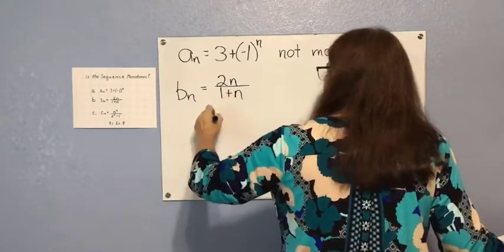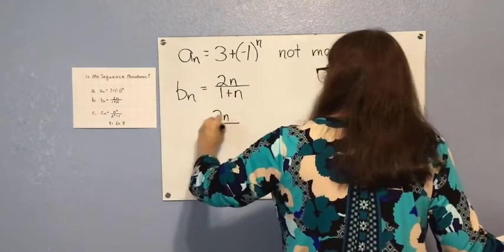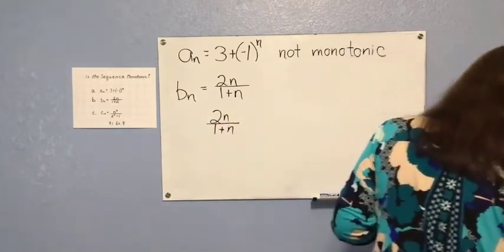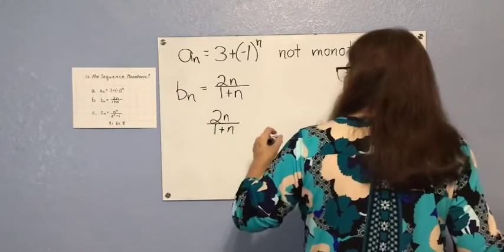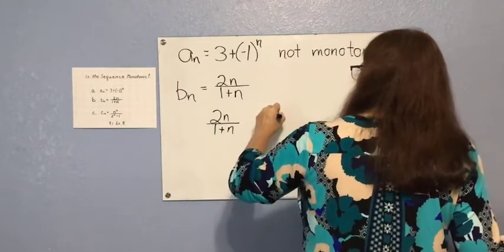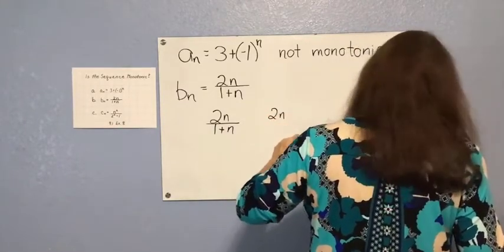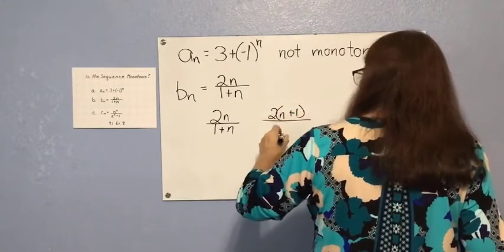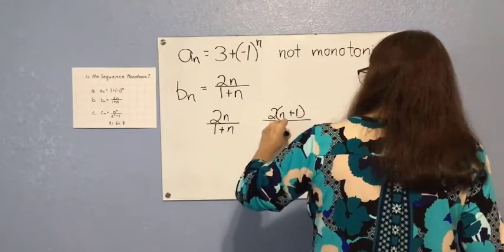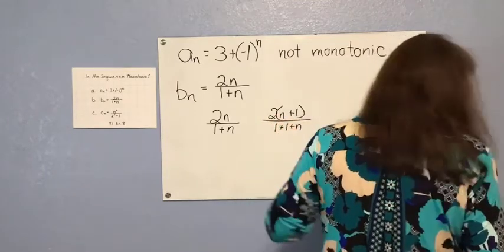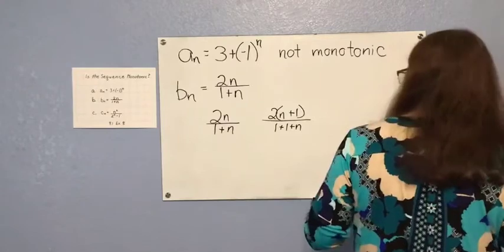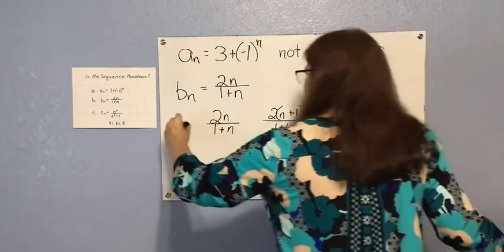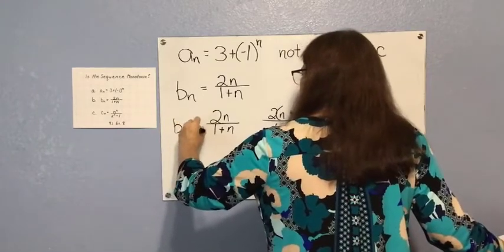If this is b sub n, 2 to the n over 1 plus n, then b sub n plus 1 would be 2 to the n plus 1 over 1 plus 1 plus n. This is b sub n plus 1. This is b sub n.